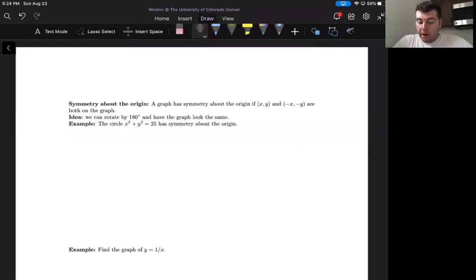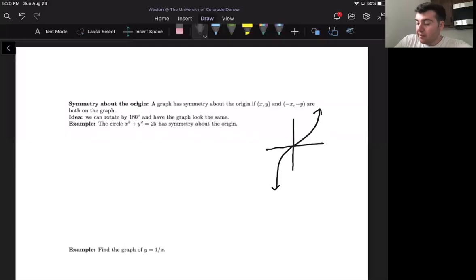Hey, so we're going to talk about symmetry about the origin in this video, and symmetry about the origin is essentially a kind of rotational symmetry. So a graph that has symmetry about the origin would be something like the graph of f of x equals x cubed.